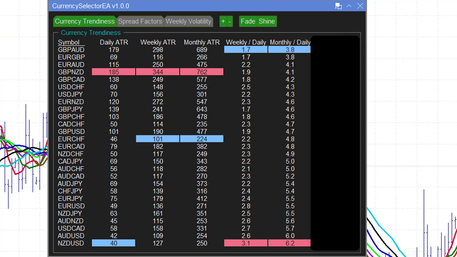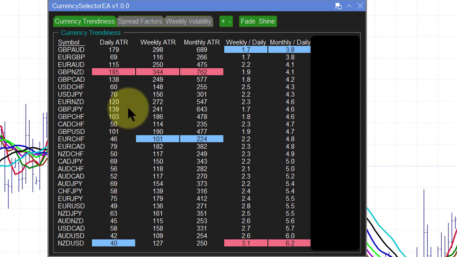Now, here's where some trading experience may be required, because although this has got the highest trendiness factor, because it has a low volatility, it's still not an attractive currency to trade on a trending or breakout basis. What you're looking for is a reasonable trending factor in this column compared to the volatility that exists.